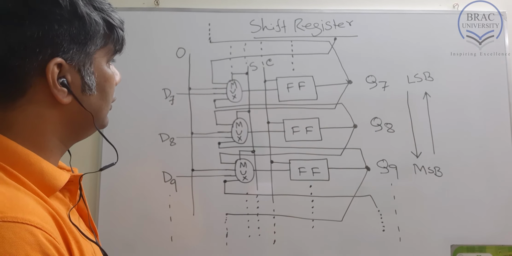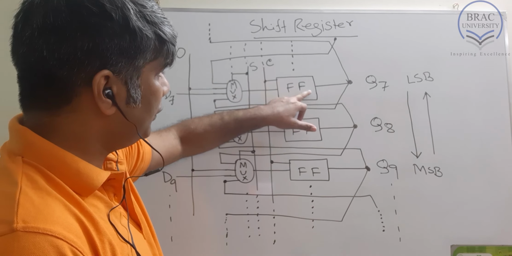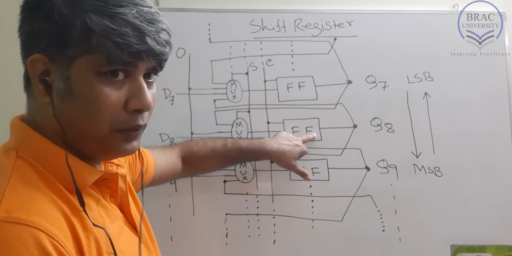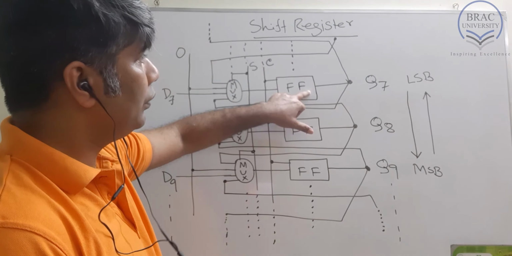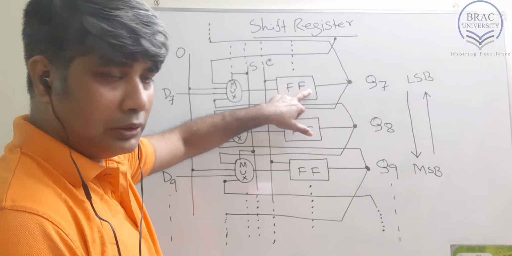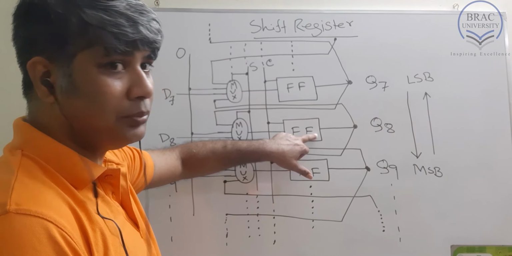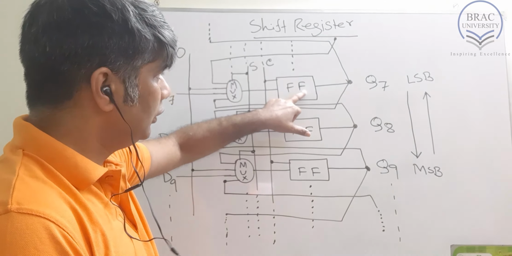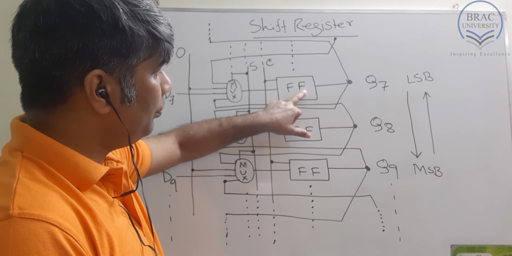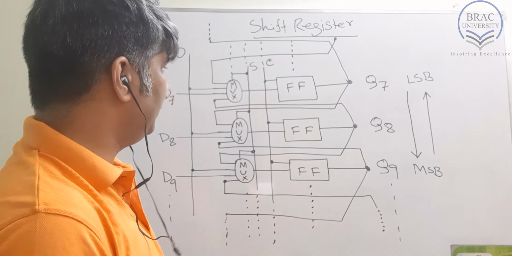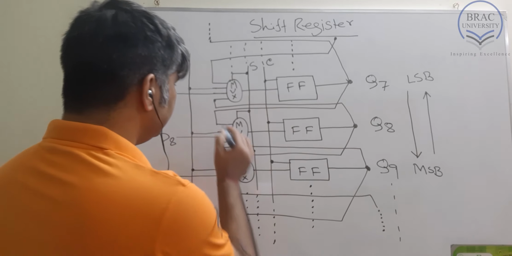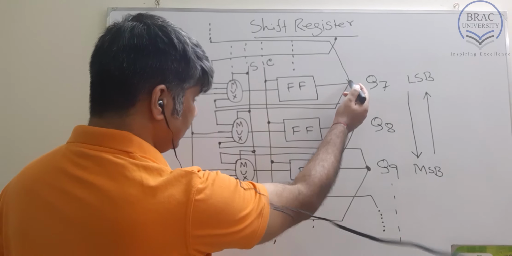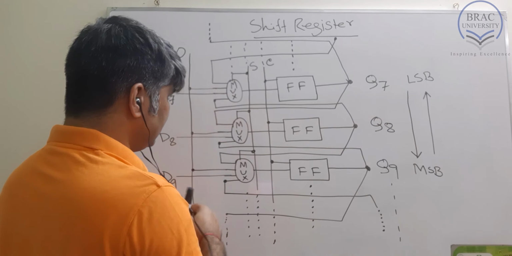When bits from this flip-flop come to this flip-flop, that means the bit from the lower order position now becomes a bit of the higher order position. How is this possible? See this link.